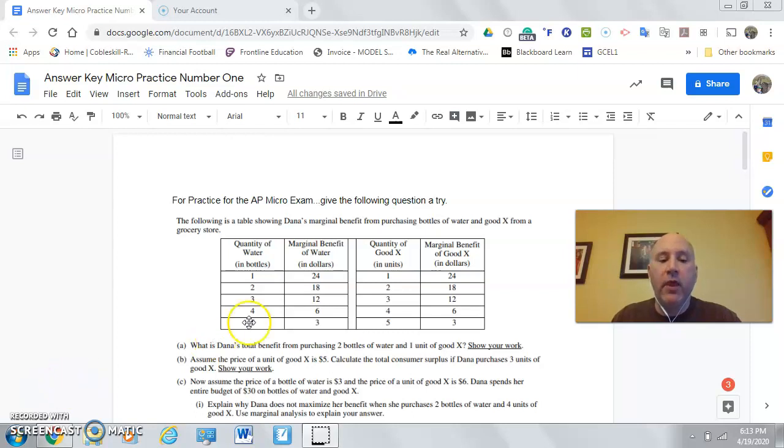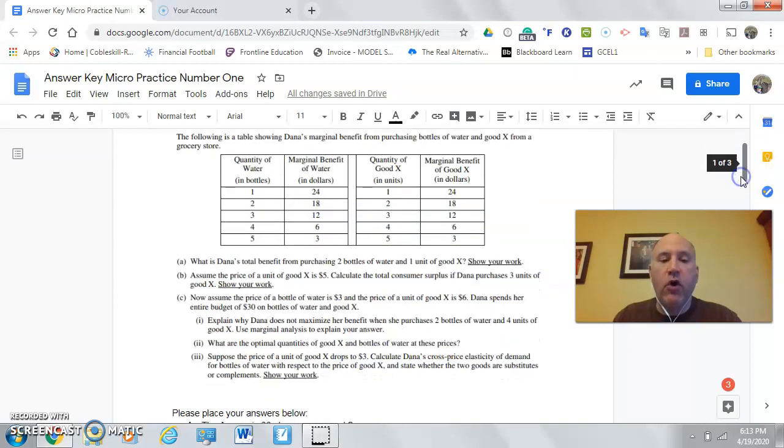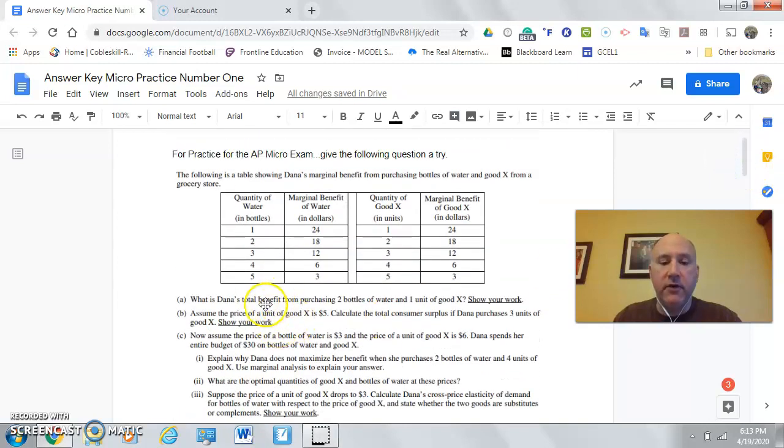All right? Now, in the first one, it asks the question, what is the total benefit of purchasing 2 bottles of water and 1 unit of good X? The only problem is in the table, it's the marginal benefit. So you don't go 24 minus 18 is 6.